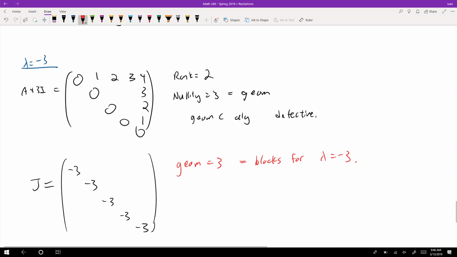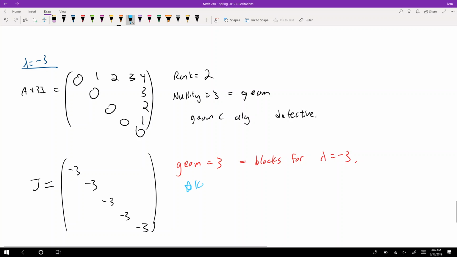What's the problem with that? Yeah, there's more than one way to split up the blocks. So that's very not ideal.